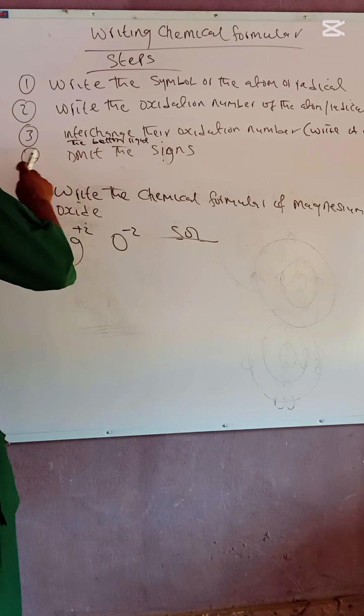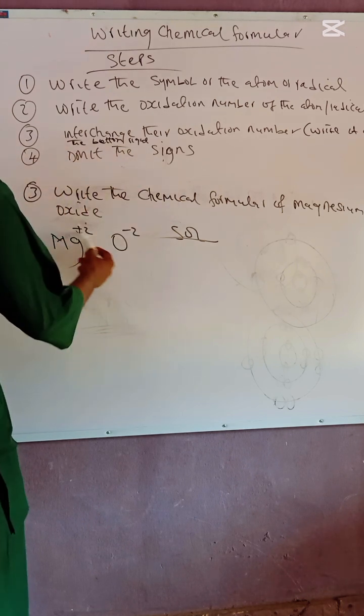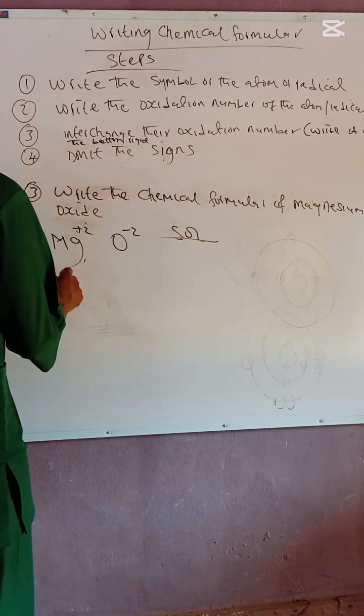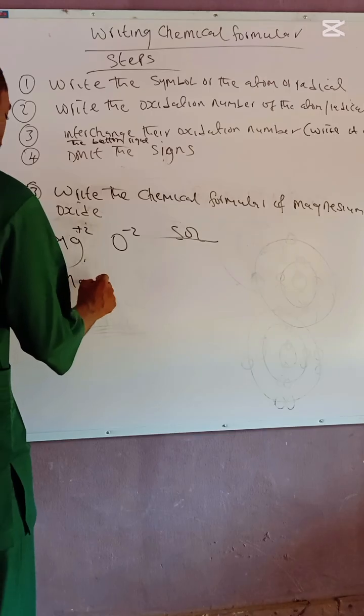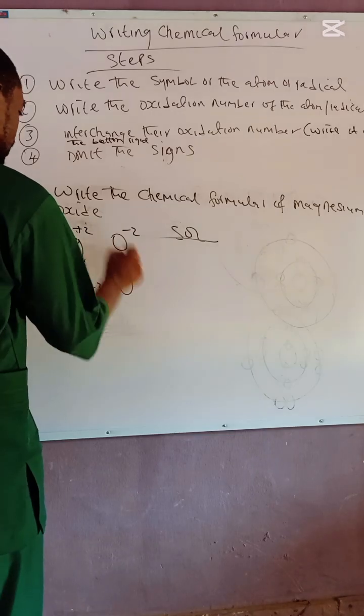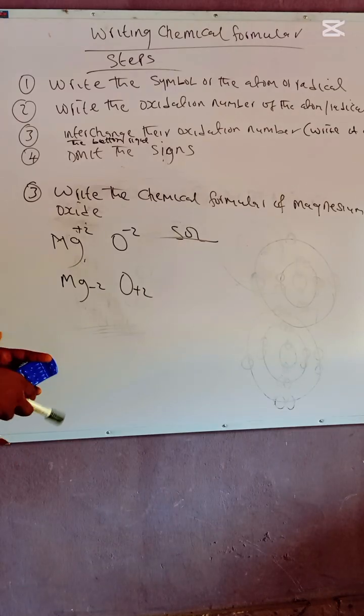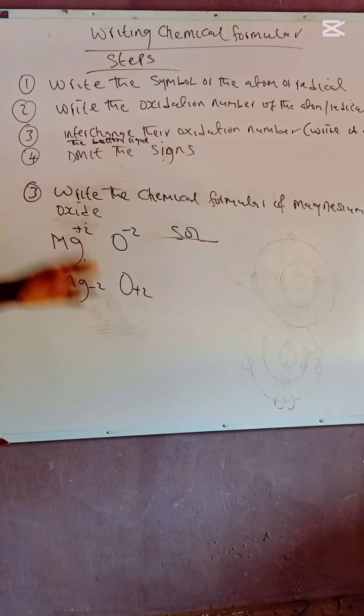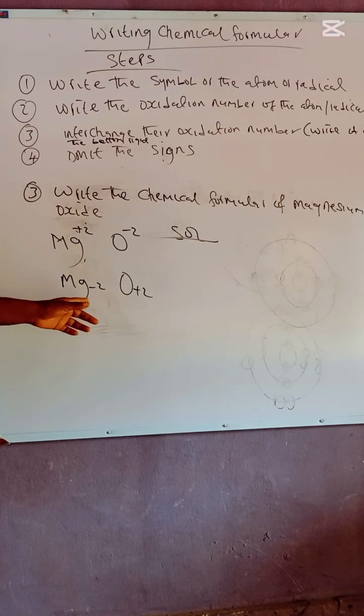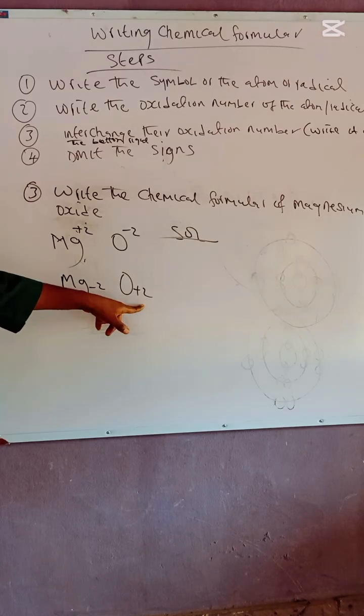Okay, we don write am. Number 3 say interchange the sign. So we carry -2 take carry +2. So magnesium -2. Oxygen +2. You don see am ko? Now they say make we omit the sign, but before we omit the sign, you go see say this one na -2, this one na +2.